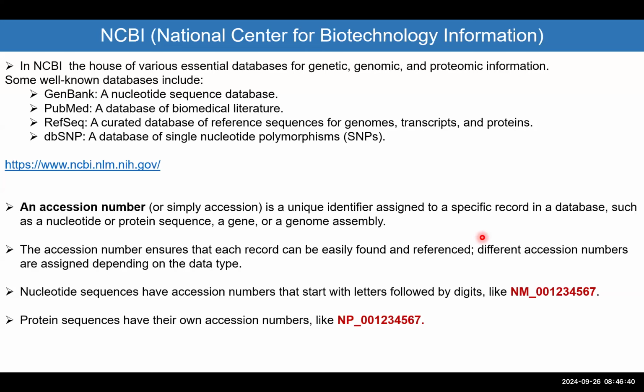In PubMed, you have one of the tools that can link you to all the publications that have been done on a certain gene. The reference sequences link different genome databases, and will show you the genome, the sequence, the transcripts, the variations on those transcripts, and the proteins.